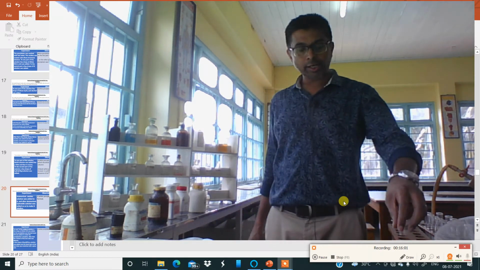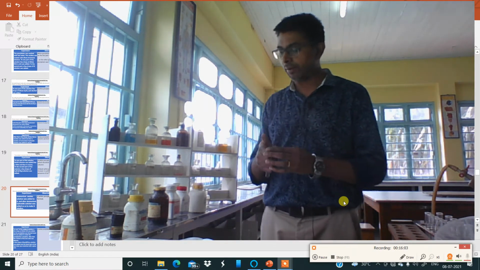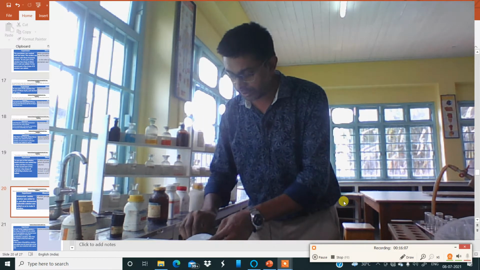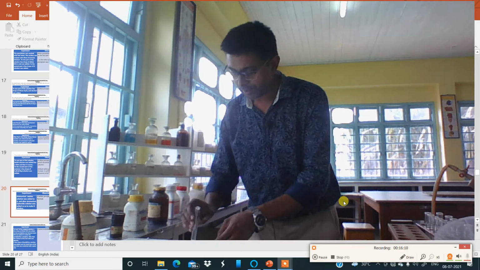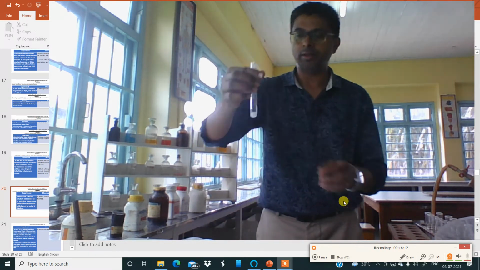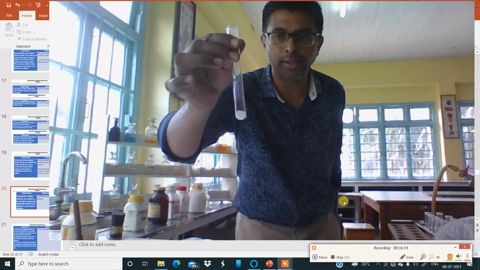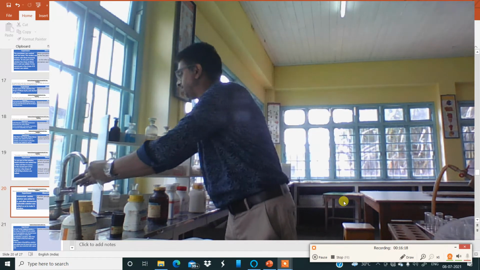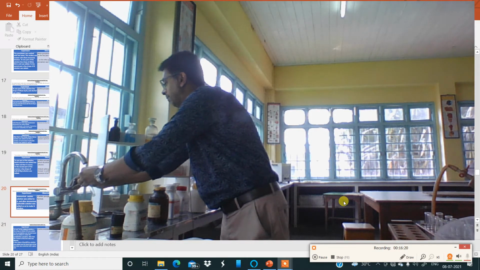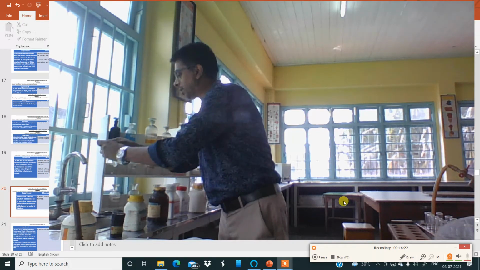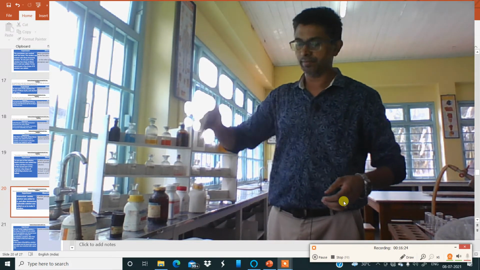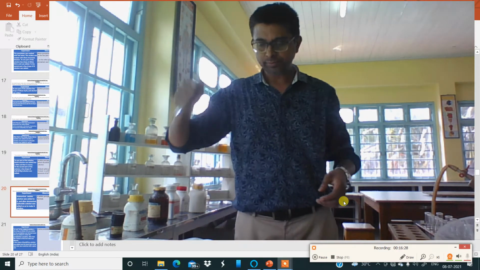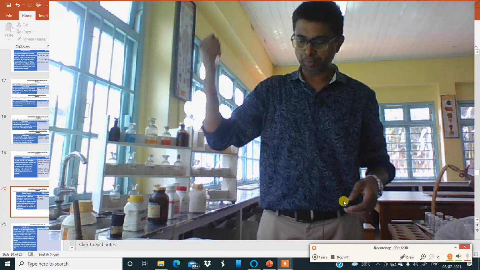For the identification of zinc ion, I will take an empty test tube. I will take the zinc solid sample in the test tube, and then add some water and make a solution. Dissolve it properly.